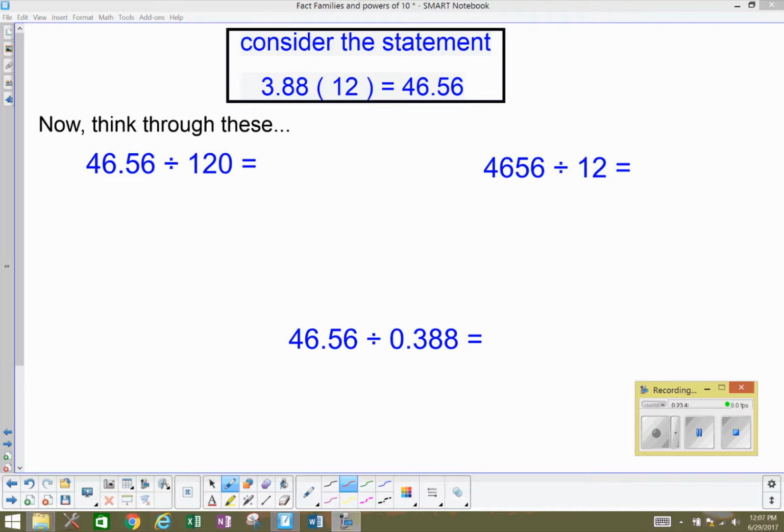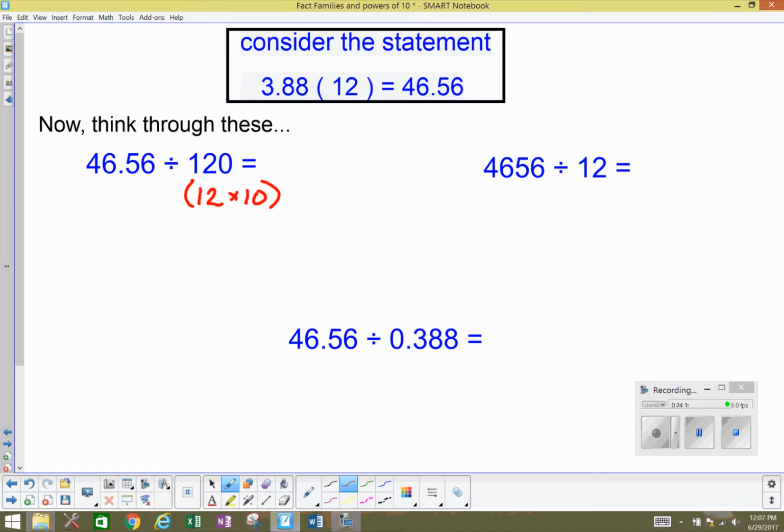When we're looking at 46.56 divided by 120, we can take this 120 and break that 120 into a 12 times a 10.